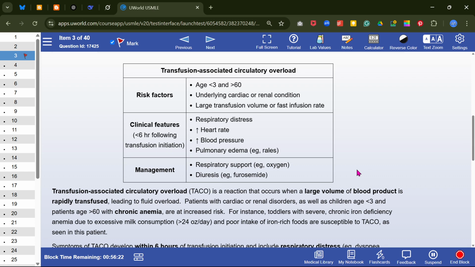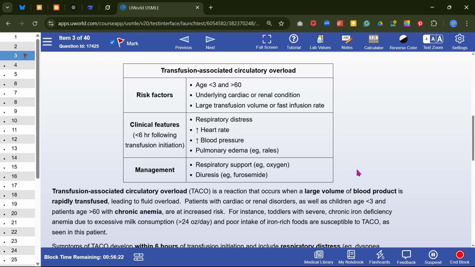Patients with cardiac and renal disorders, as well as children aged less than 3 and patients aged more than 60, are at increased risk.